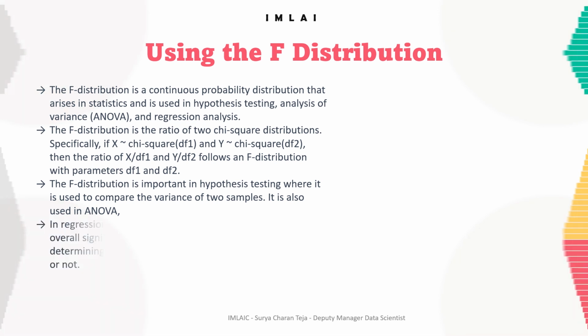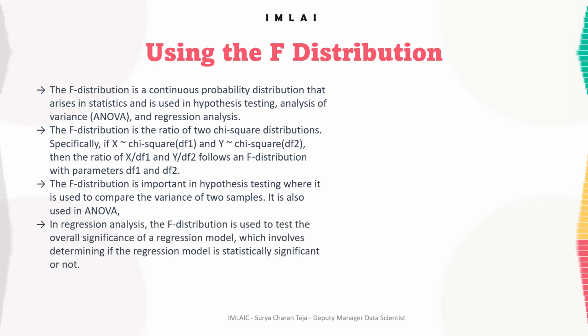Like other probability distributions, the F distribution can be plotted using a probability density function, which we call a PDF, and a cumulative distribution function, which we call a CDF. The shape of the F distribution depends on the values of degrees of freedom df1 and df2.